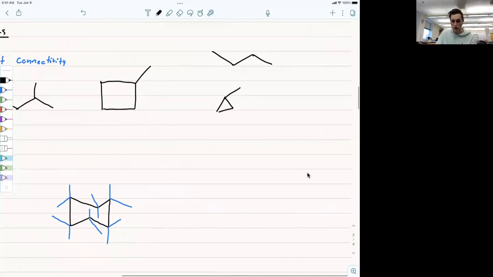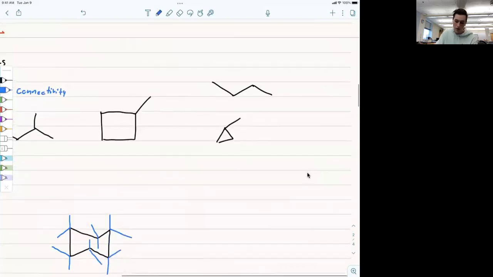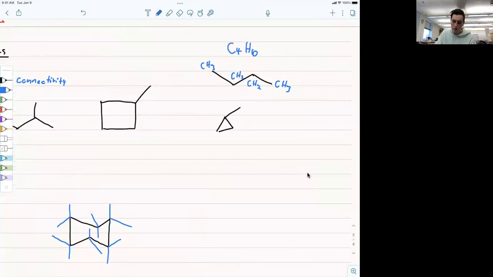I'm going to write the molecular formula for both. So this top one, I have CH3, CH2, CH2, CH3. So that's C4, and 3, 4, 5, 6, 7, 10, so H10. And over here, I have one CH3, CH, CH2, CH2.